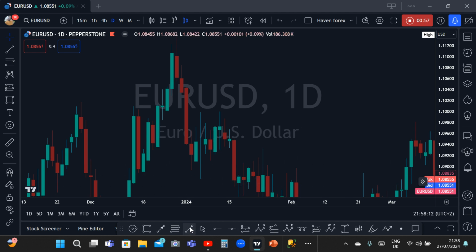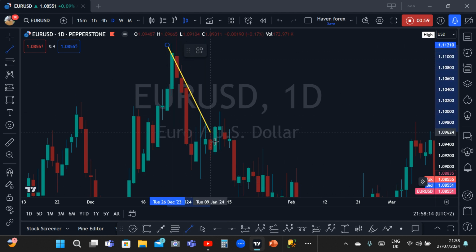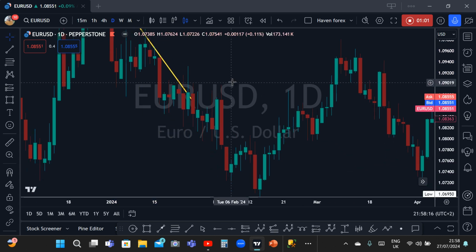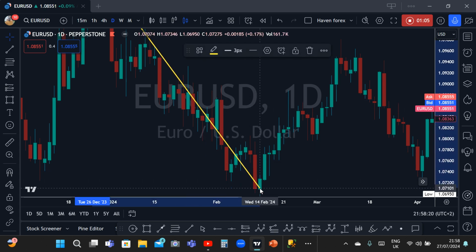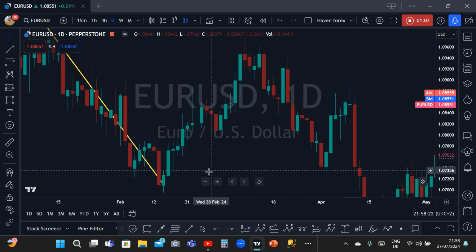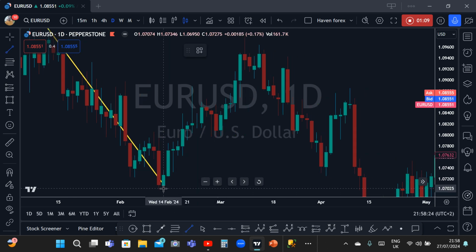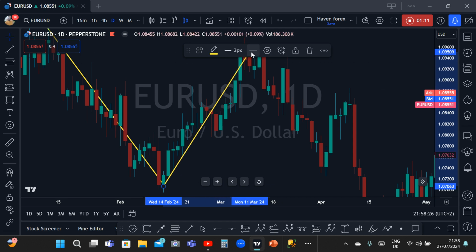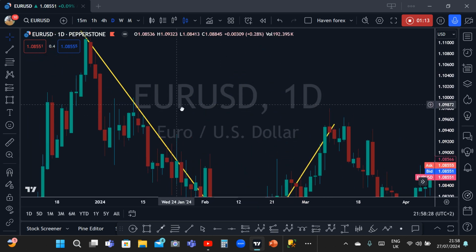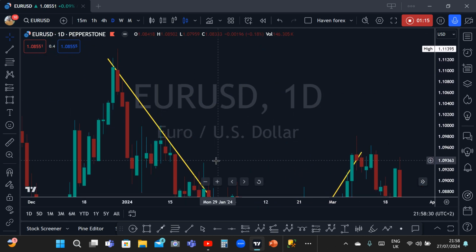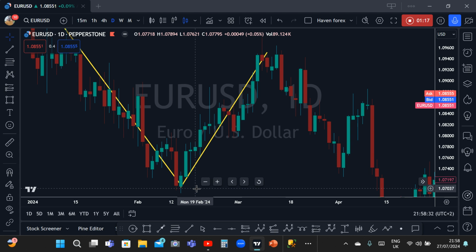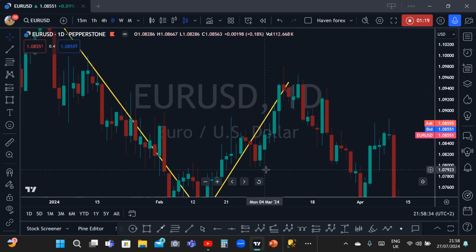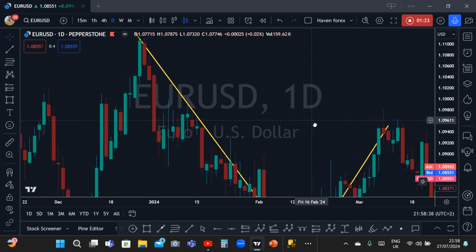This is what we call the impulse, right? This is the impulse. Now, this is what we call the retracement of this bearish leg. Do you understand what I'm saying? It's very easy. Don't get confused.